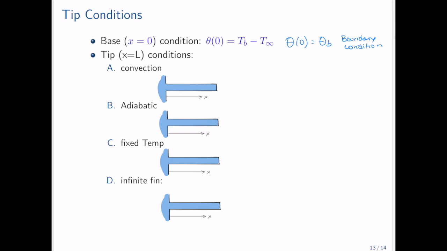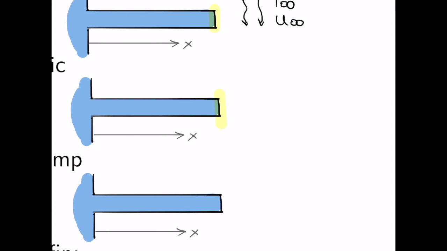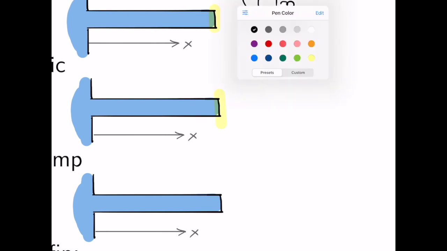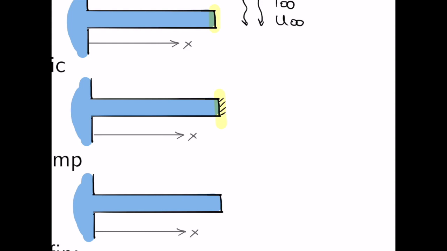Now the boundary condition at the tip. We can have convection, in which we consider that there is a convection boundary condition, with T infinity and h on the tip. Adiabatic: in the case of adiabatic, we assume that the tip is insulated.